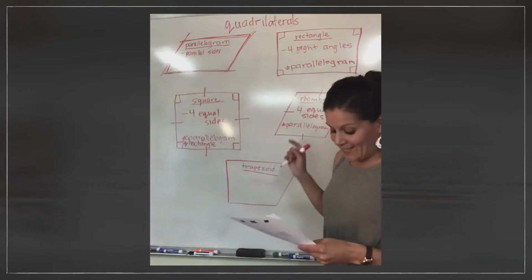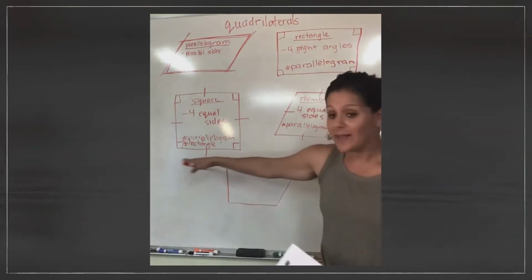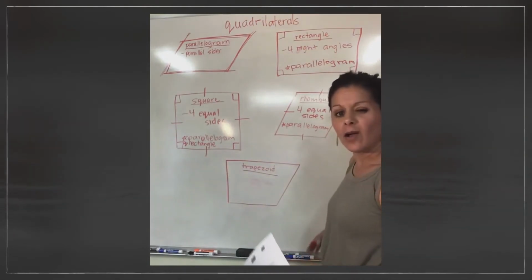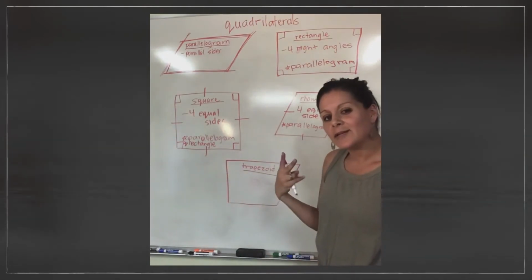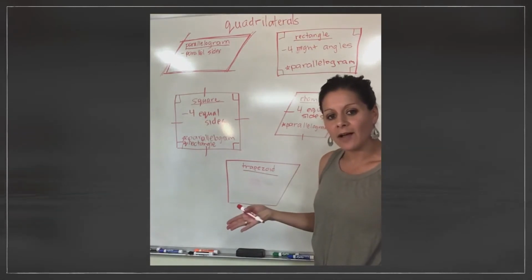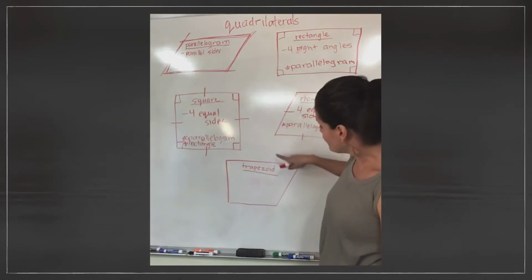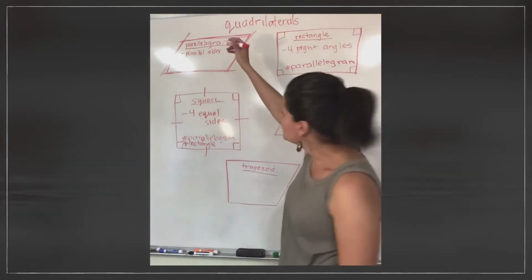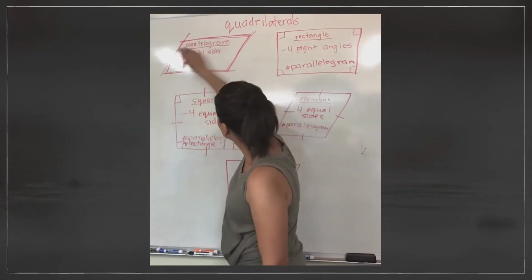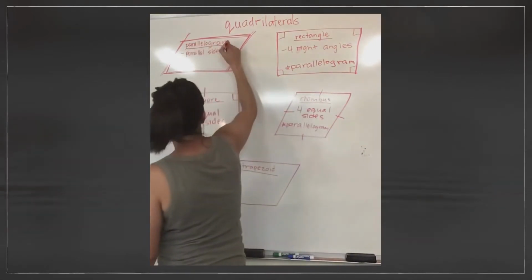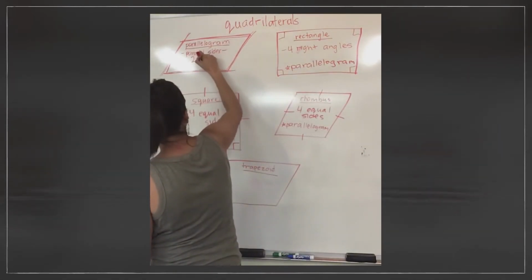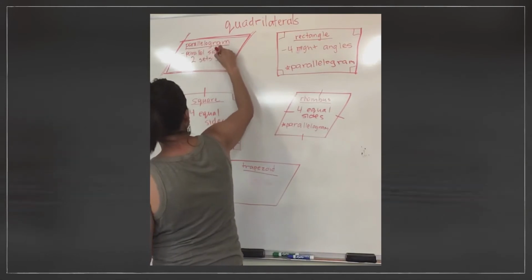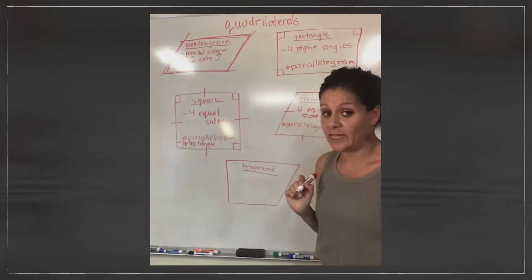Trapezoid. A trapezoid has what? Oh, but it only has a pair of parallel lines. So a parallelogram has to have 2 sets of parallel lines. So let's change this to say 2 sets. Okay, 2 sets of parallel sides.